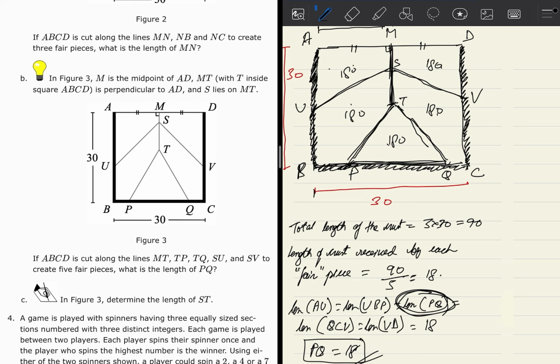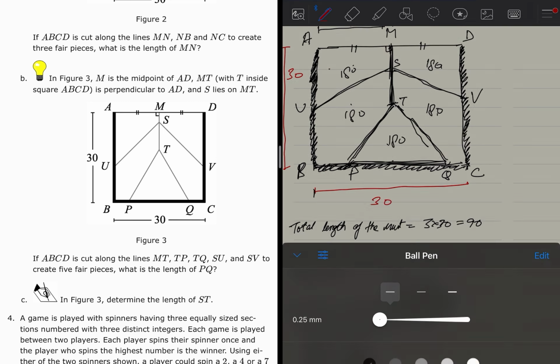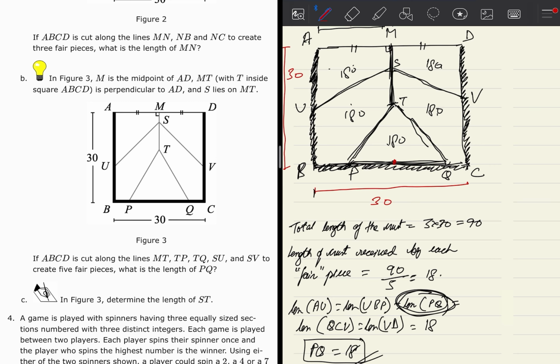Okay, but we already know the length of the whole part, M. Let's draw a line like this, and let's name this point T dash.